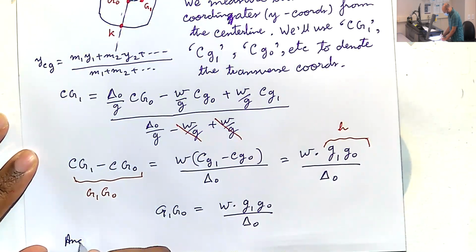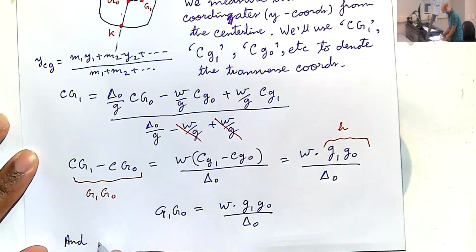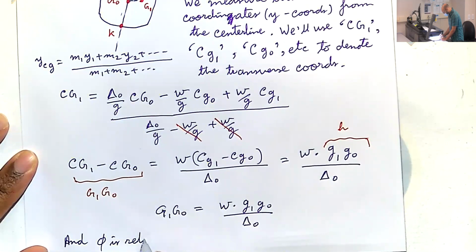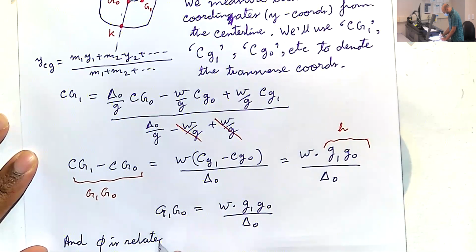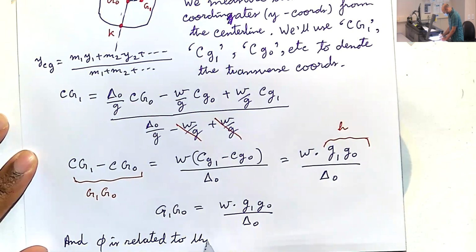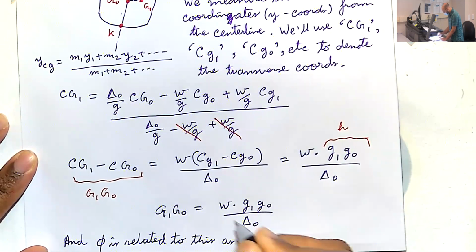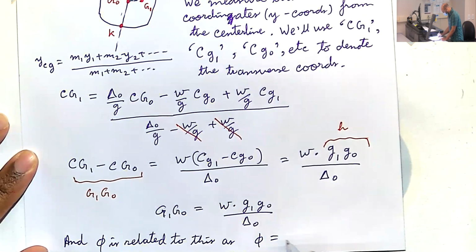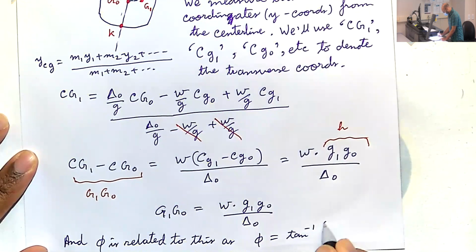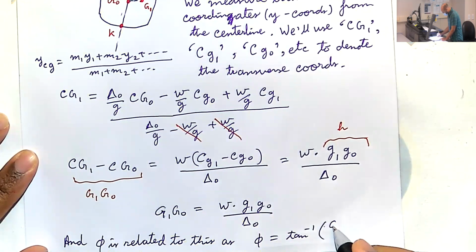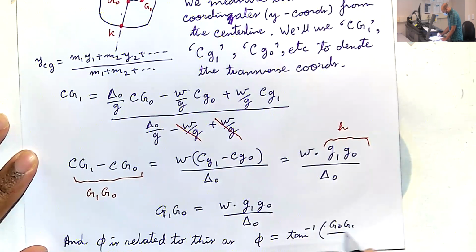And if we try to relate this to the roll angle, phi is related to this as phi is tan inverse of G0G1 over G0M.